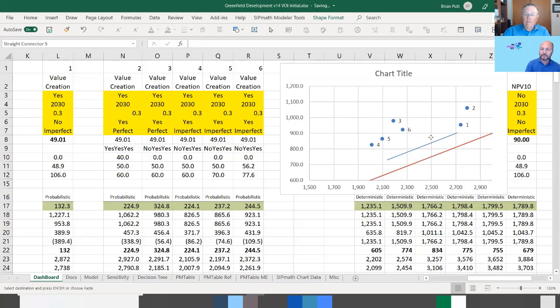Bring it right through 5. You can see how 6 is just above that line. So 6 has got a better PI. It's adding value relative to 1.3 PI. Mm-hmm. Yeah. But it's not much. It's not much. So, if capital was important to you, I think moving to 5 would be fine.